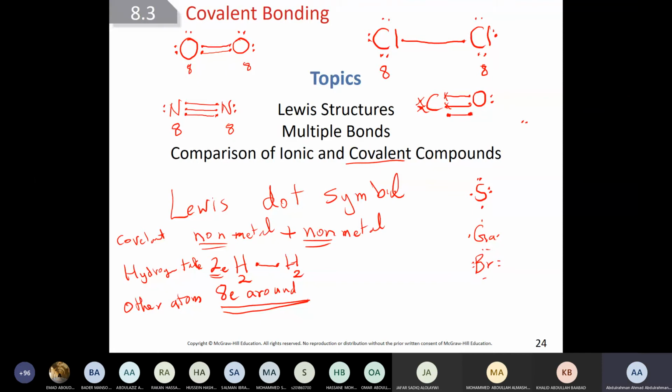Now, how many around the carbon? And how many around the oxygen? 8. Is this clear? Any question? Can you do that?